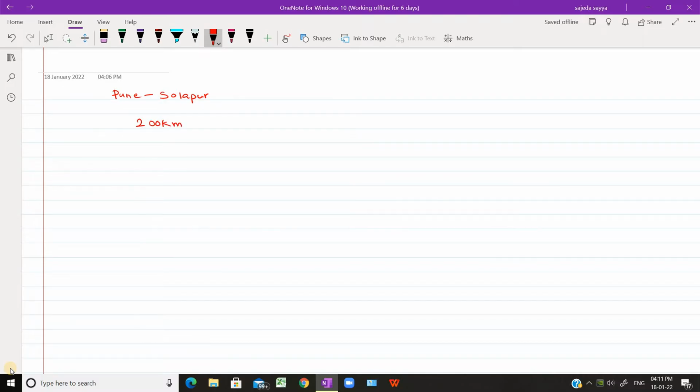More specifically, if you are asked to tell me the distance of my home from Pune, you will measure the distance between the station of Solapur and my home, and it comes out to be 209 kilometers.